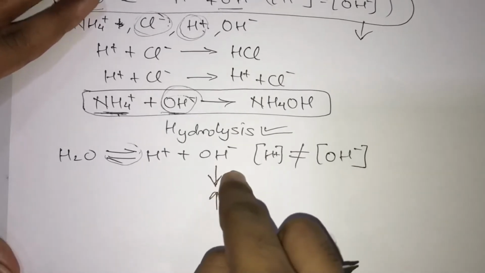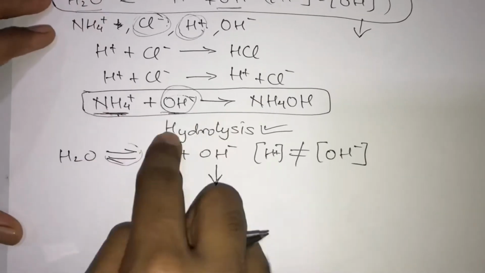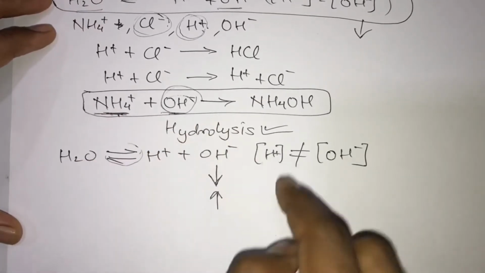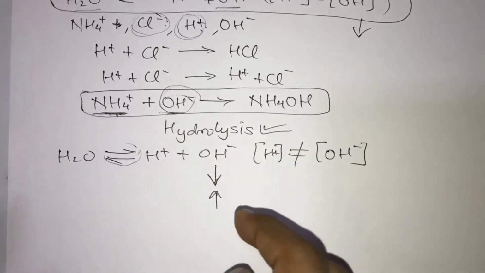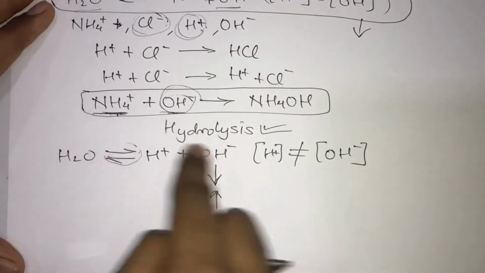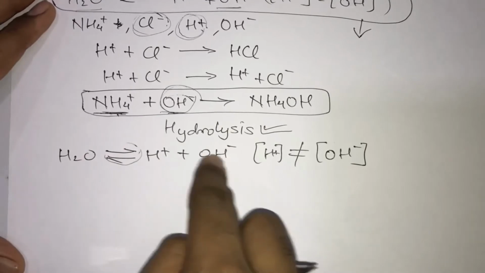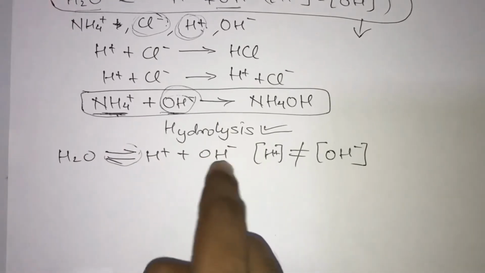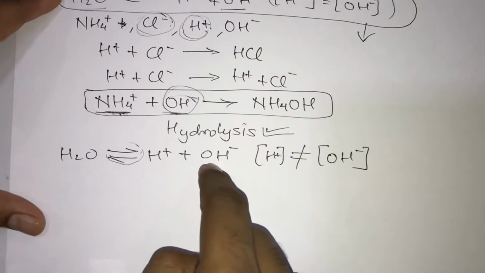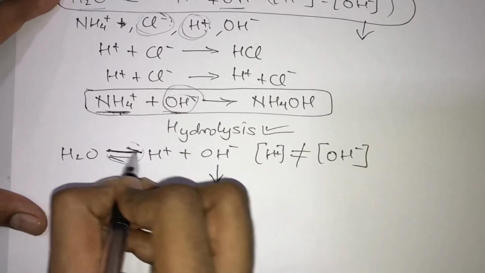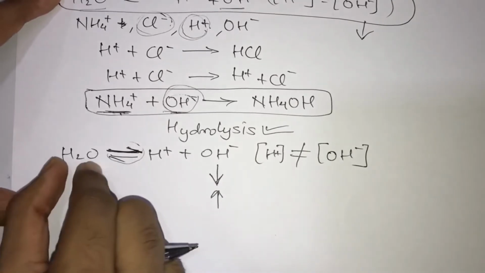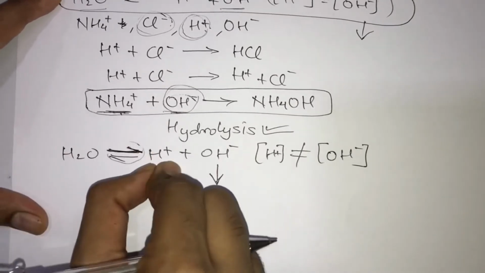So initially, due to the hydrolysis, the OH- had decreased. But to compensate for that effect, the reaction will try to increase the OH- ions. Now when can it increase the OH- ions? It is only possible for the forward reaction, by converting H2O to H+ and OH-.